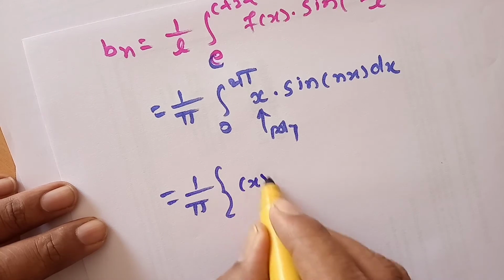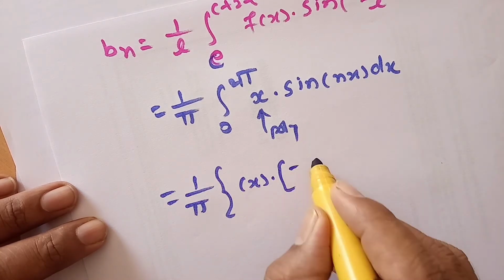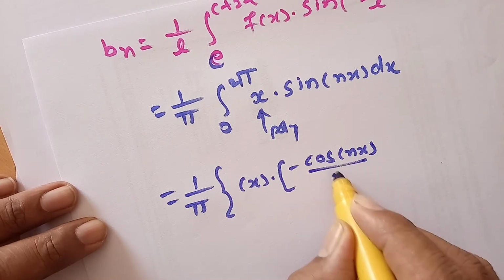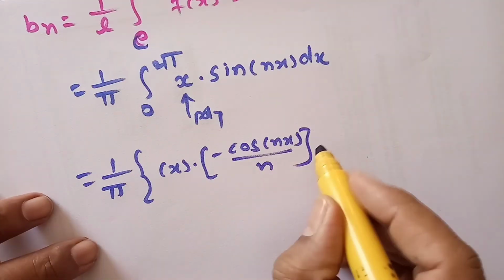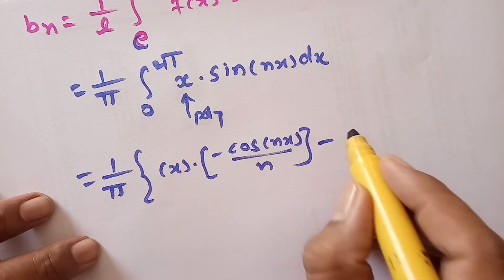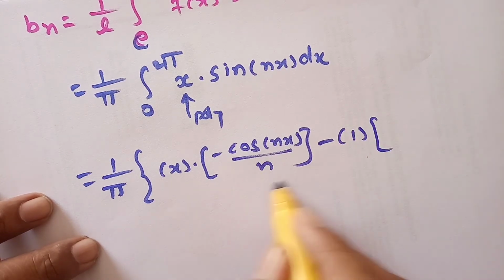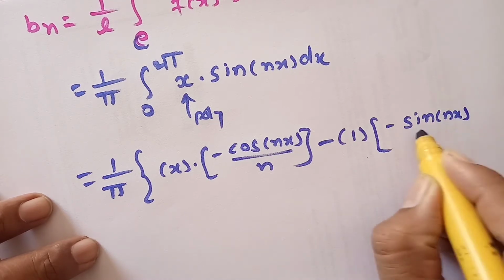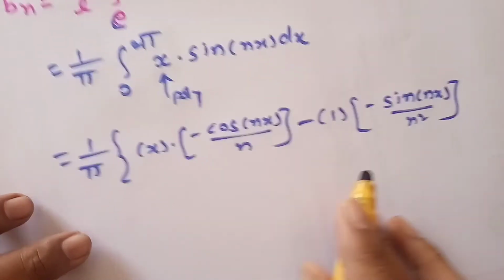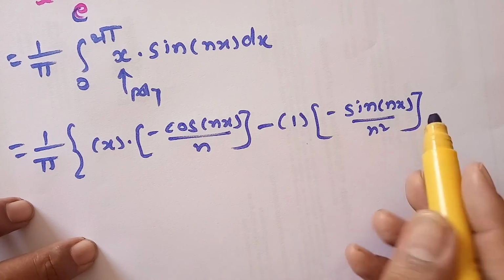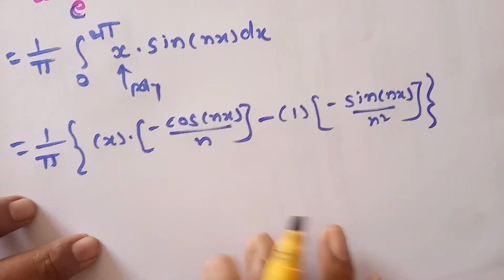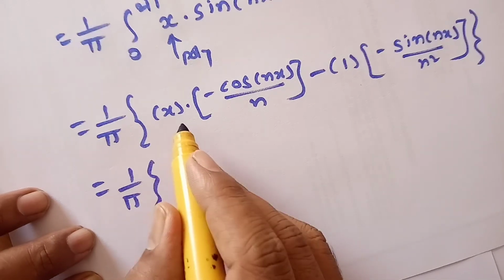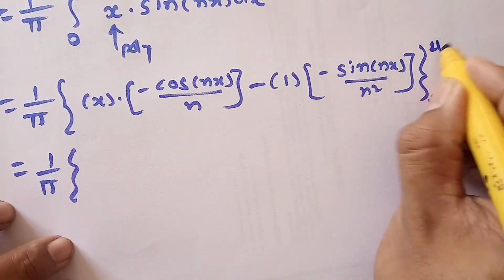This is x into the integration of this function, which is minus cos of nx divided by n, minus the derivative of this function into the integration of this function, minus sine of nx divided by n square. Now after this the derivative becomes 0, therefore we stop here. This is equal to 1 upon pi, with limit 0 to 2 pi.